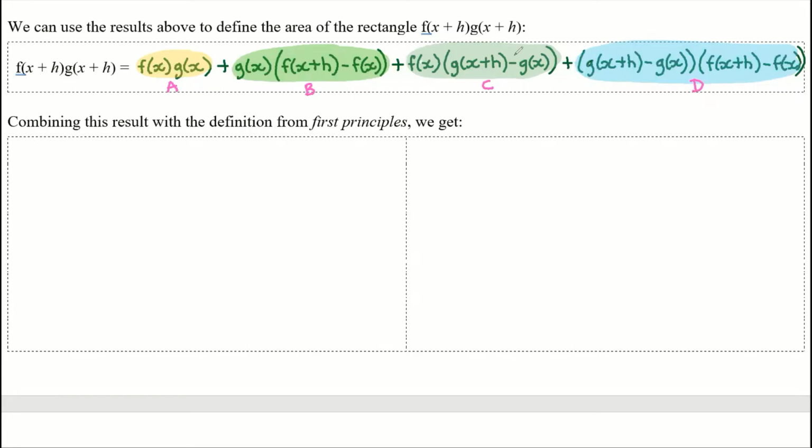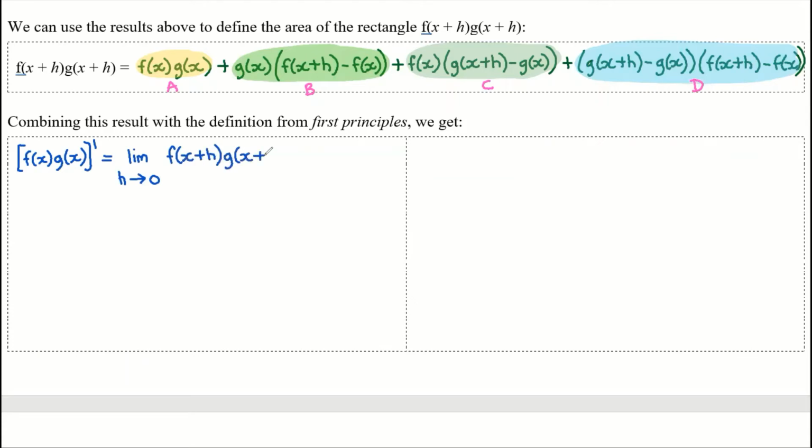So we know that if I want to take the derivative of f of x times g of x, the whole thing, it's equal to the limit as h approaches 0 of f of x plus h, g of x plus h.